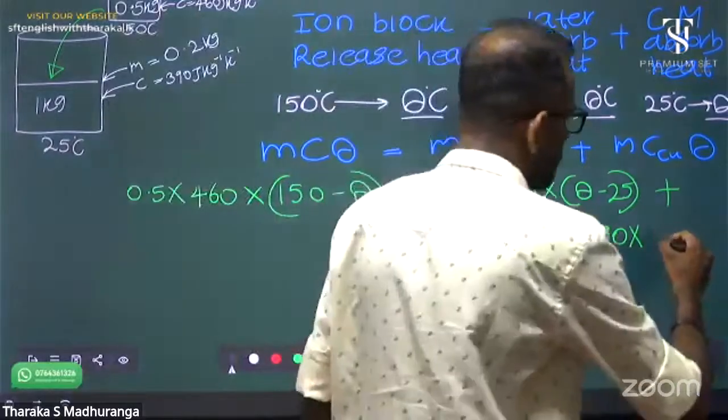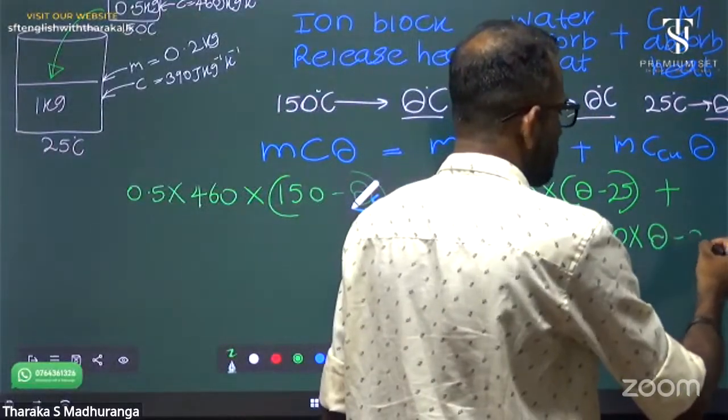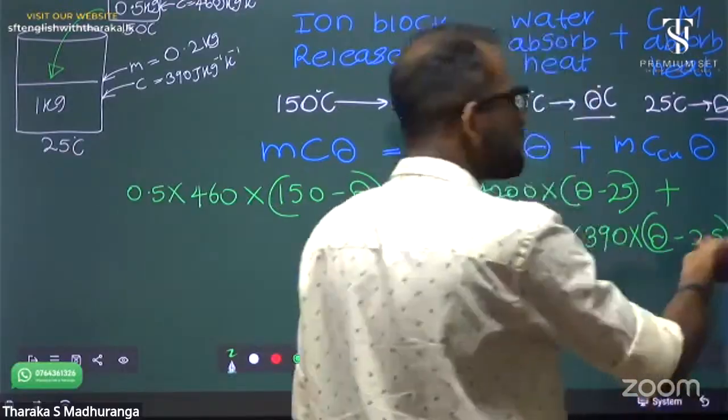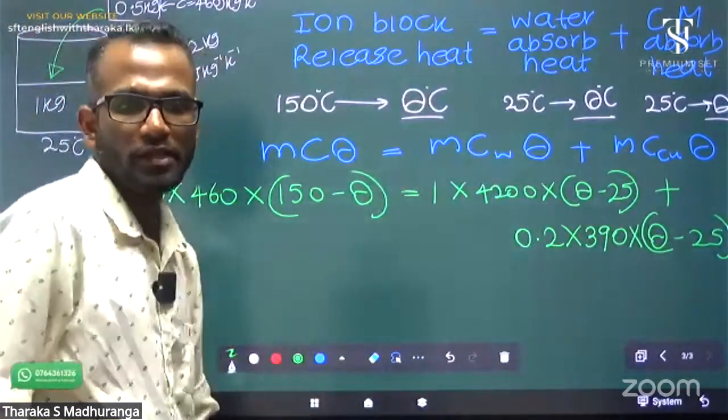Theta minus 25, the same as water. The container's temperature difference is the same as the water's temperature difference.